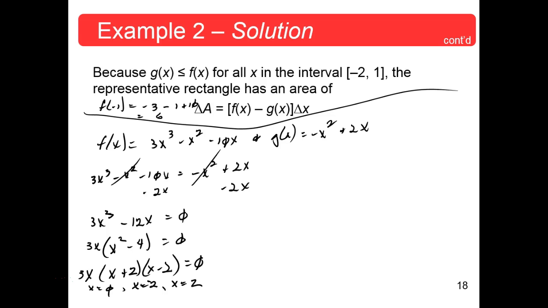Okay. Let's pick a point between 0 and plus 2. Oh, wait. We've got to do g too. So g of minus 1 is negative 1, which is negative 3. So who's on top?